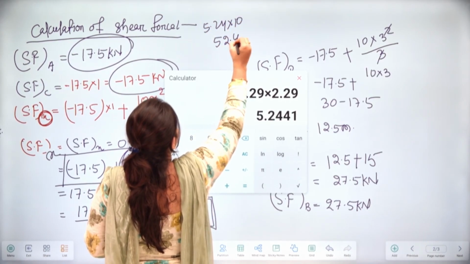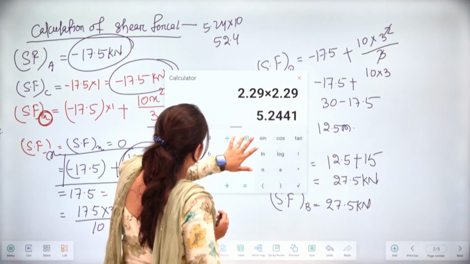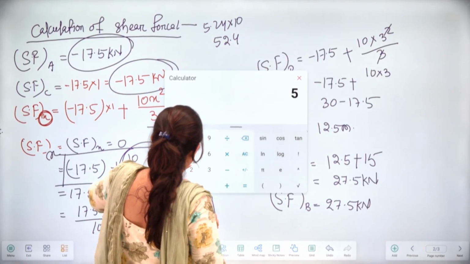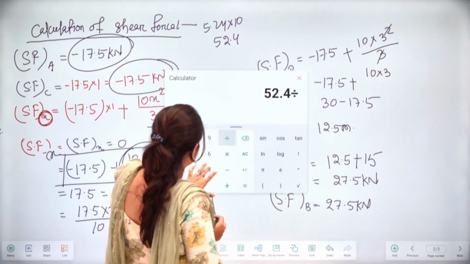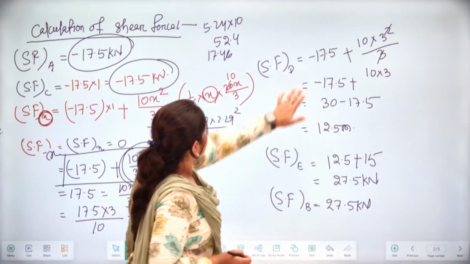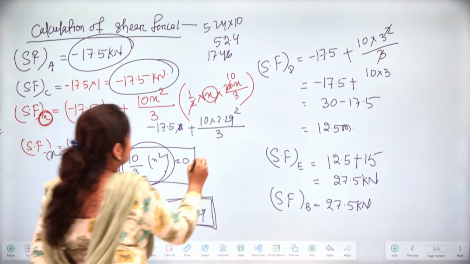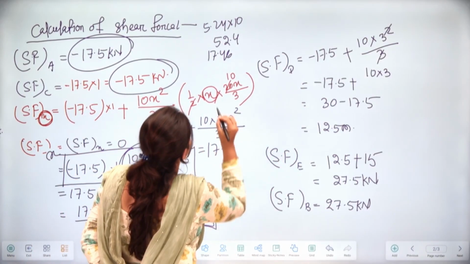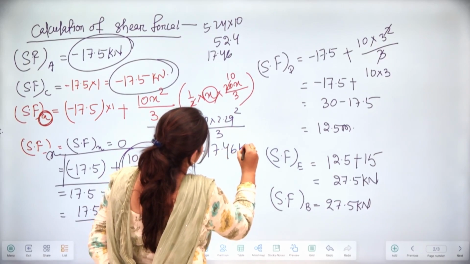It will be 52.4 divided by 3, that is 17.46. So here shear force at X will be 17.46 kilonewton.